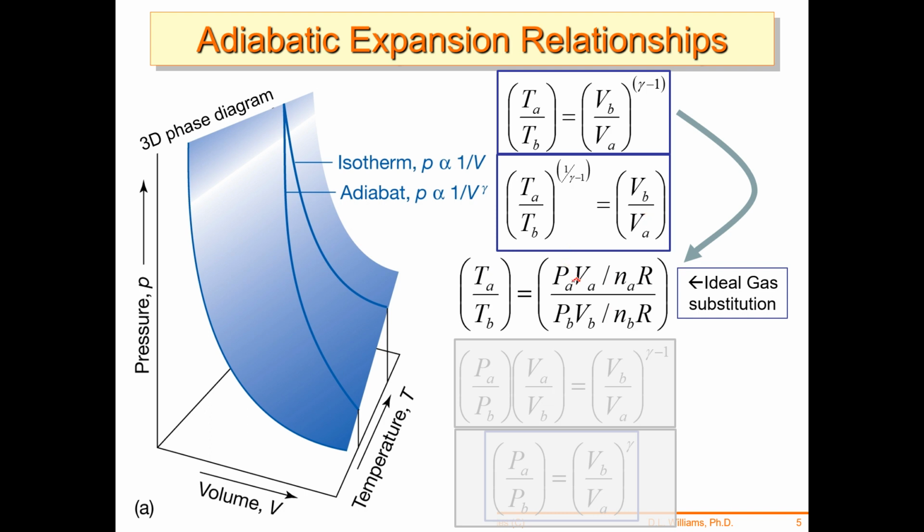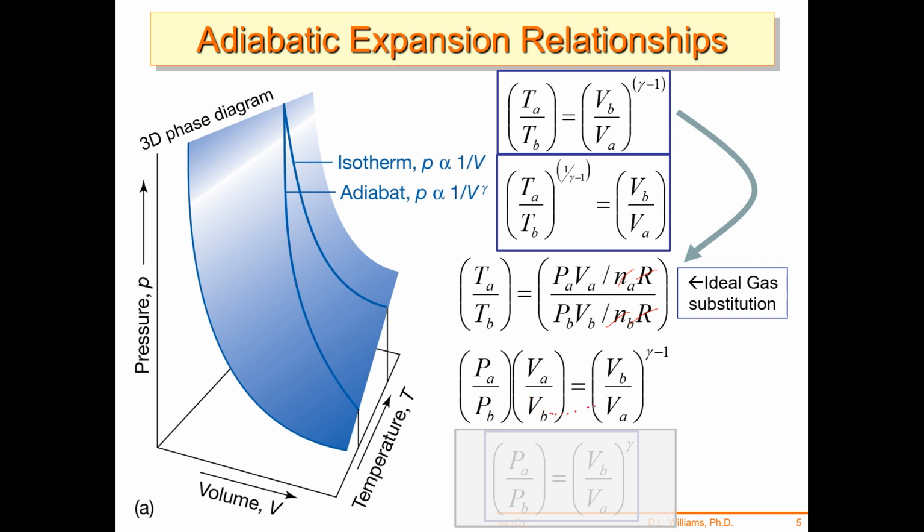And so then simplifying things, the number of moles hasn't changed, so that's gone. R is a gas constant, so it doesn't change. So instead of TA and TB up here, I could have PA VA over PB VB. And so I have this situation. Now how do I get all my volumes on one side?